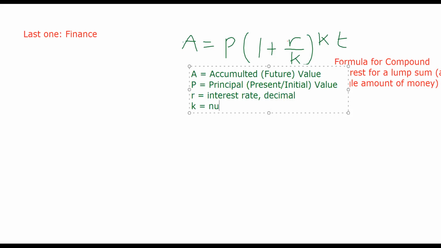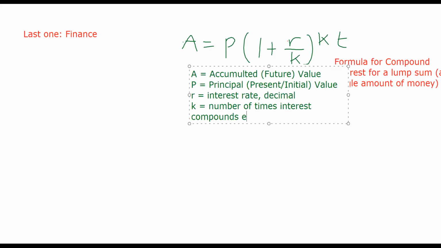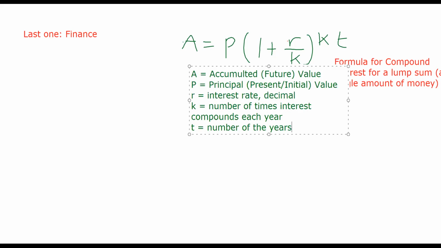K is going to be weird. It's the number of times interest compounds each year. T is going to be the number of years. So A, P, R, K, and T. Most textbooks use N instead of K. I don't know why they're using K here.